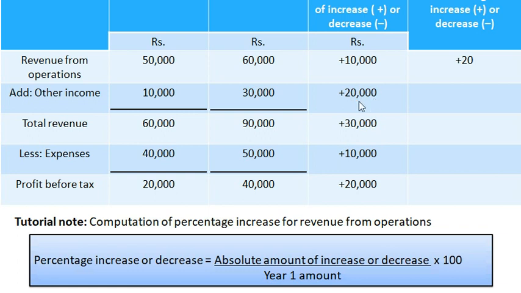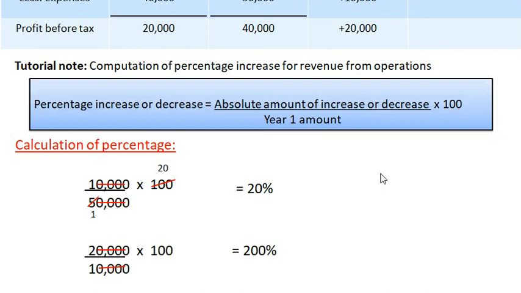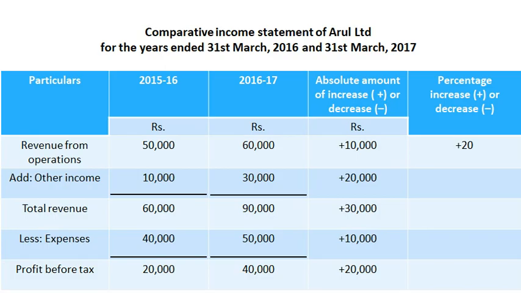Absolute amount of other income is 20,000. Year 1 amount is 10,000. 20,000 by 10,000 into 100. 4 zeros get cancelled. 2 into 100 is 200. So the percentage of other income is 200. As the absolute amount is increasing, the percentage will also increase.